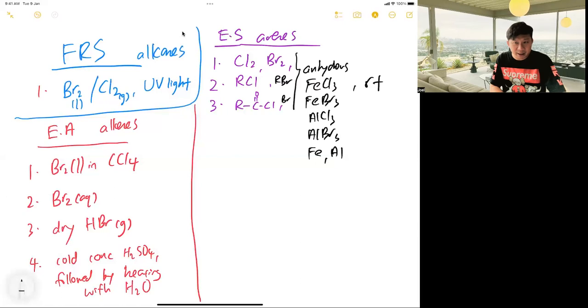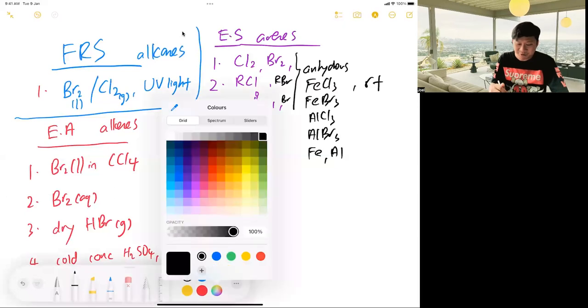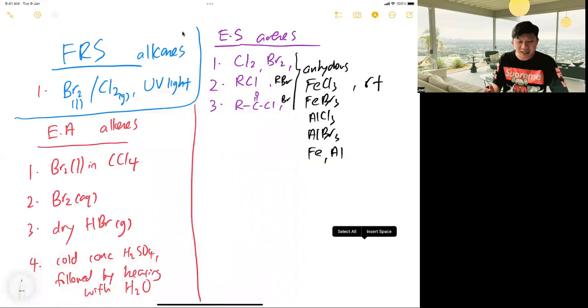So I put these three in the same color, purple, because they are the same. The reagents and conditions are the same. You understand? Then the fourth one is what?